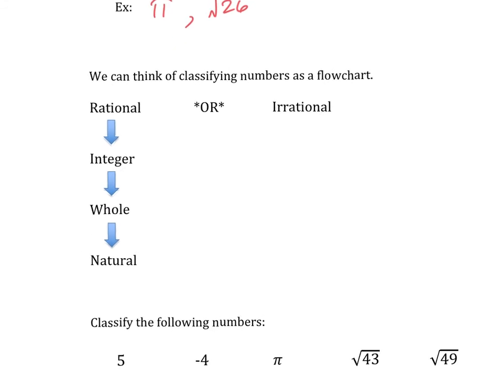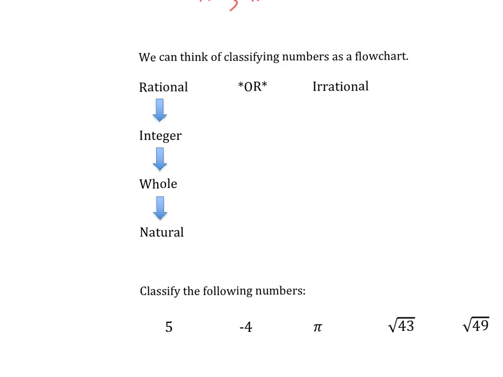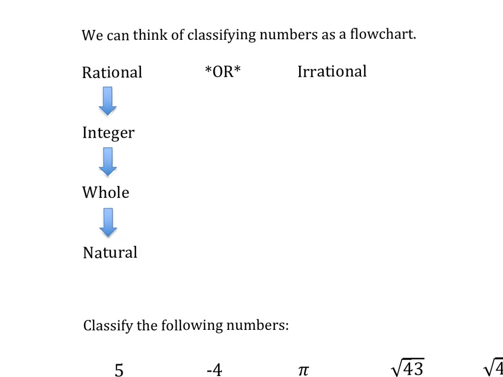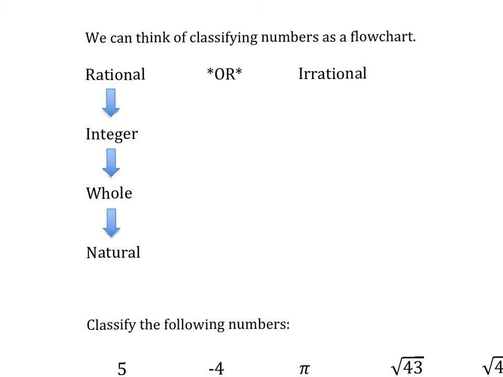Now we can think of classifying numbers as a flow chart. If we know that it's a real number, which all of ours in this unit are, we first determine, is it a rational number or an irrational number? If it's irrational, that's it. That's the only classification. But if it's rational, then we look, is it an integer? Is it a positive or negative whole number or zero?